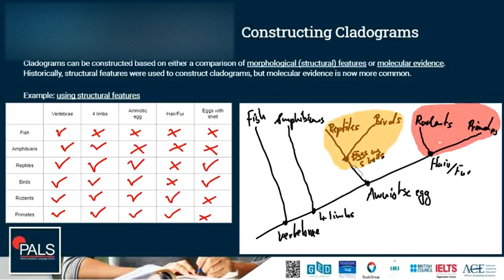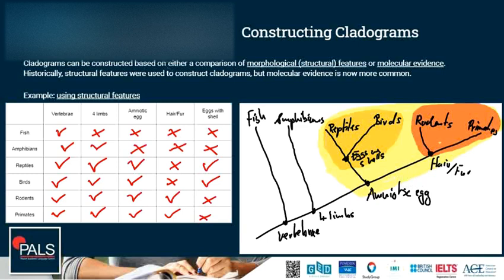However, we can put all four into one clade that unifies them. That clade would be the clade with the amniotic egg. So here we have one clade in which all four groups, reptiles, birds, rodents and primates, are summarized.